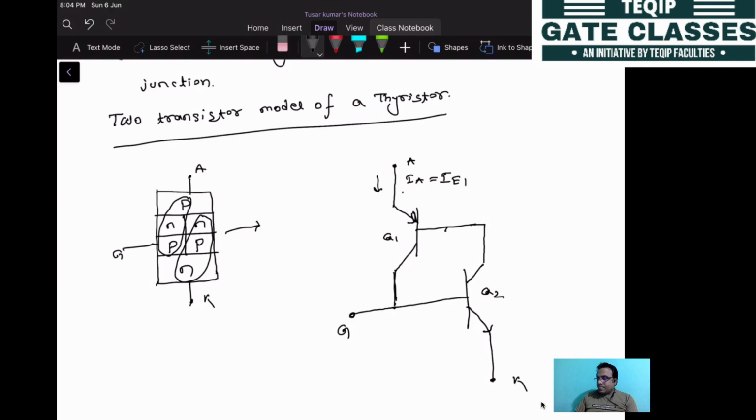Then here this current will be the base current of transistor 1, IB1, which is nothing but the collector current of the second transistor, IC2. And this one will be the collector current IC1. And here will be the gate current IG, and this one will be the base current.